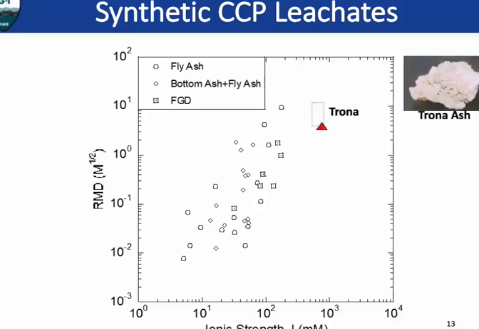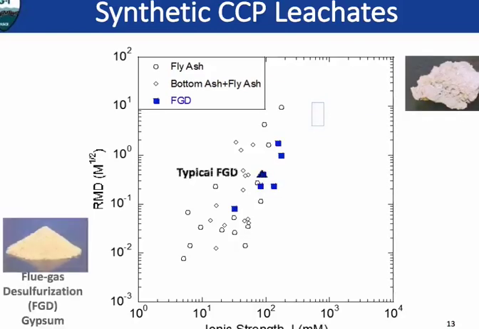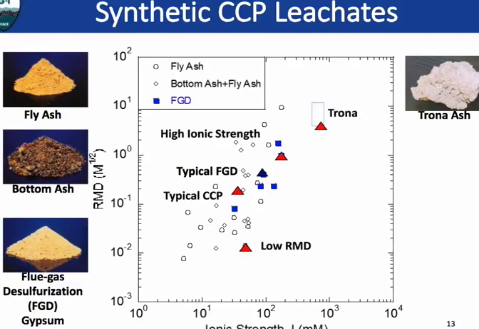The 5 leachates include 2 typical CCP leachates, which represent the typical case of all the CCP leachates, or the typical case of the FGD. Also, we chose 3 other leachates that represent the worst case of the leachate. They have either high ionic strength or low RMD.